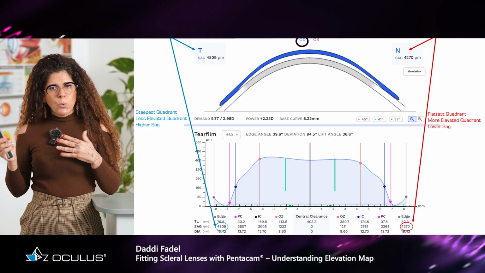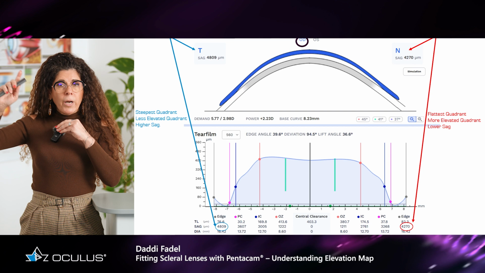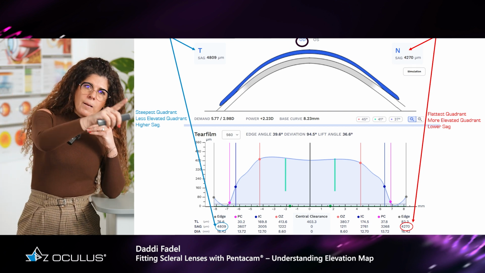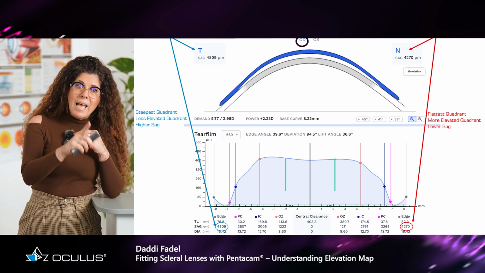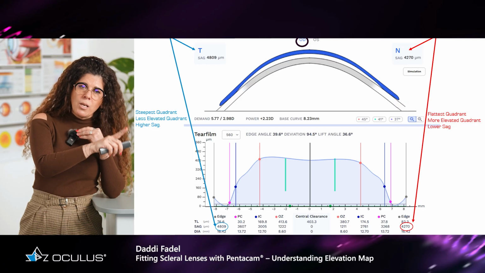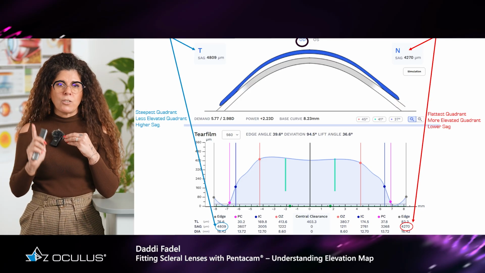Again, the flattest quadrant is more elevated. The steepest one is less elevated. Elevation is different than the sagittal height.